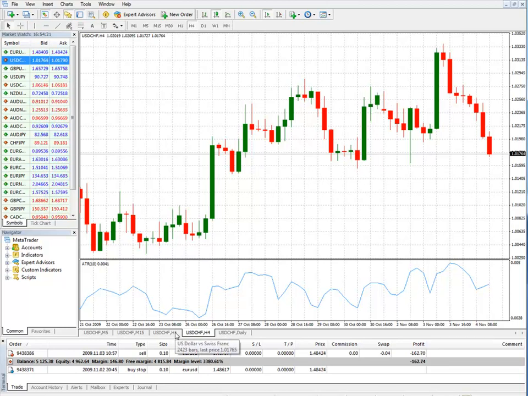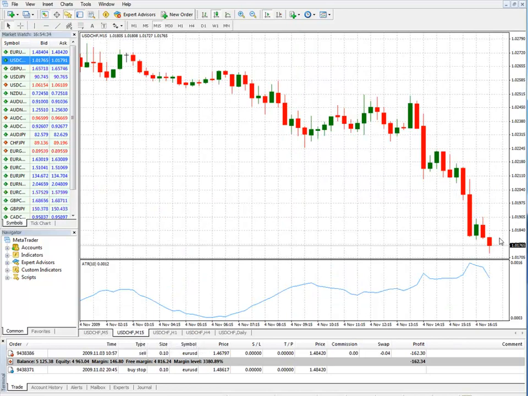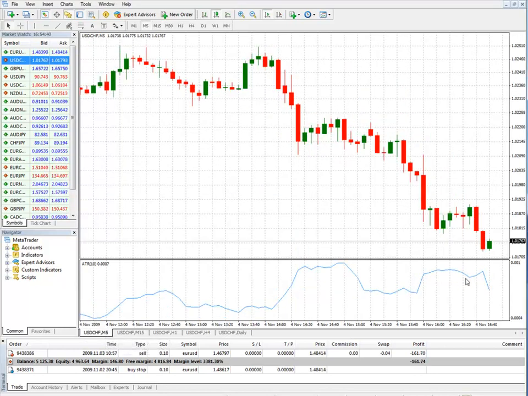Okay, that's 4 hours. Let's take a look. Top down trading. The 1 hour chart. Again, getting ready to bounce back down into this particular area. In 15-minute. Five-minute.